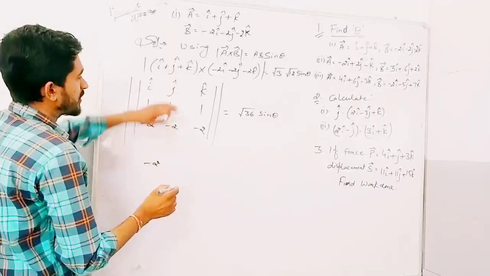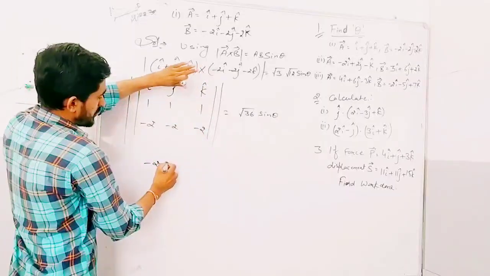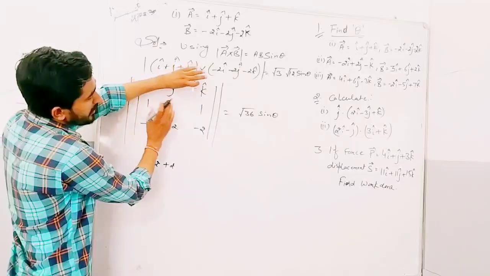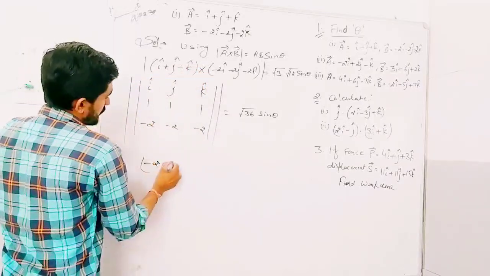i cap, we have to find the value of i cap: -2 minus of -2 plus 2, -2 minus of -2, -2 minus of -2 plus 2, i cap.